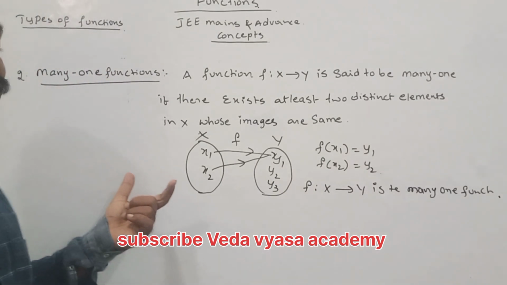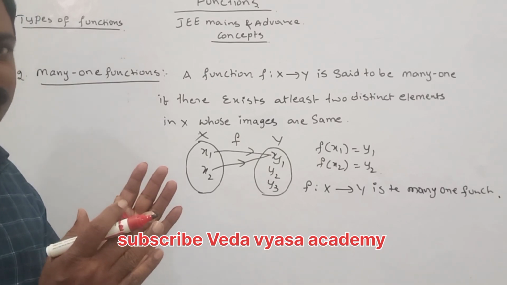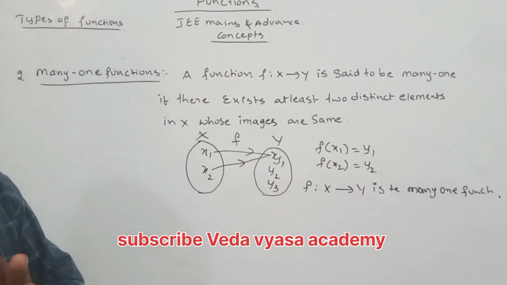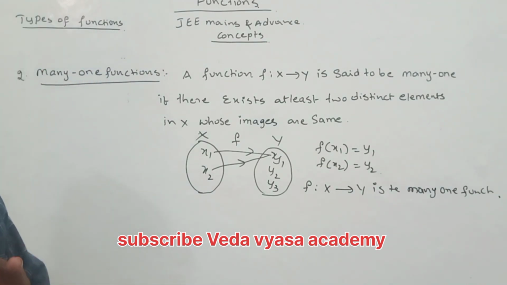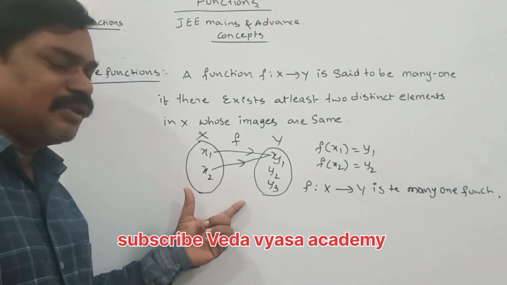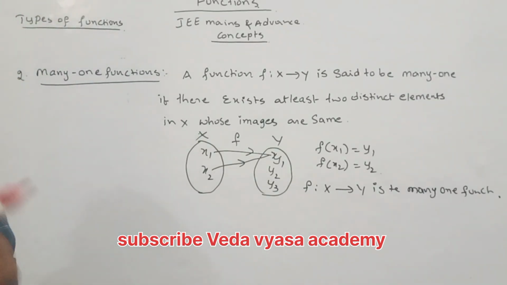If it is a one-one function, distinct elements of x are associated with distinct elements of y, and then we say f from x to y is one-one.